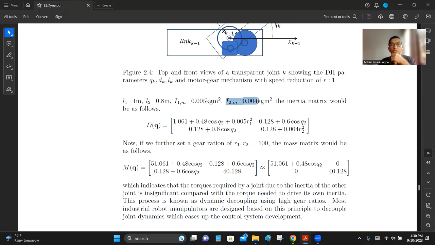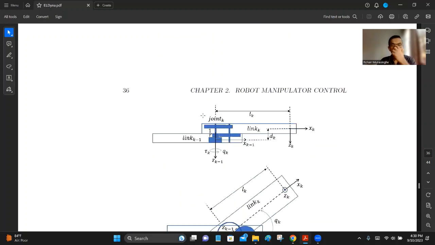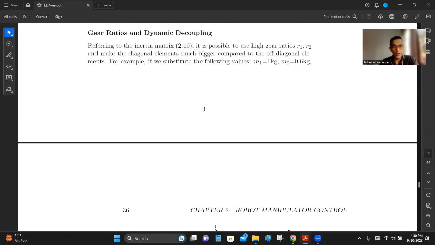And for the second motor, even smaller, 0.004. When you substitute these numbers into the inertia matrix over here, you can get some of these things calculated numerically, not everything. It depends on cos theta 2, or Q2 rather, here. But most of these numbers are numerically evaluated.